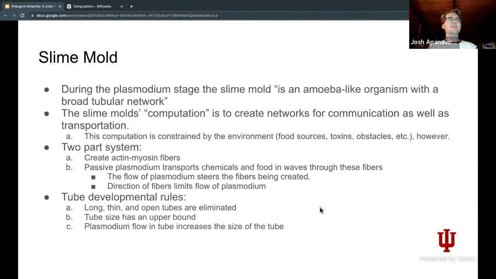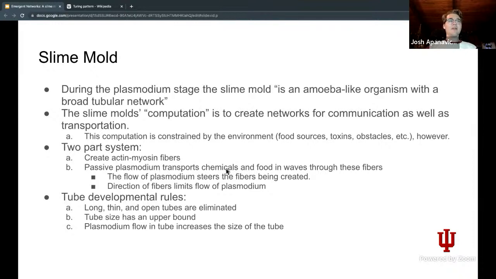So next, he goes into more detail about the slime mold. In this plasmodium stage where it's exploring its environment, it's an amoeba-like organism with a broad tubular network. And specifically, the slime mold performs a computation to create the networks to communicate whether the path that it found leads to a food source or it leads to an obstacle or a boundary. So this computation is constrained by the environment.